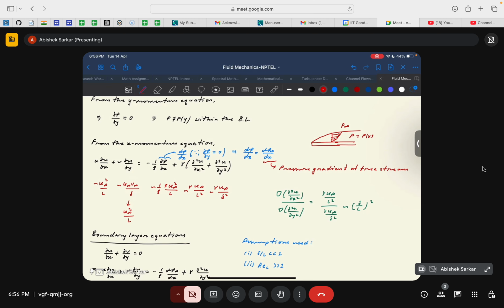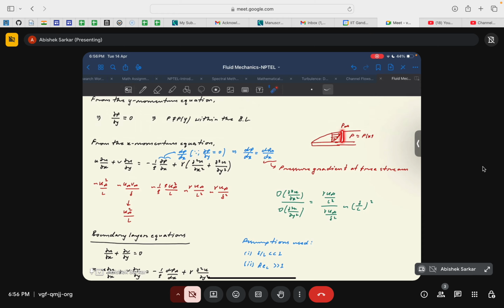And since we know that pressure at a particular location is independent of the depth of the boundary layer, so it does not vary along the depth of the boundary layer, so pressure at this point will be the same as pressure at this point, correct? Because pressure does not vary with the y coordinate.